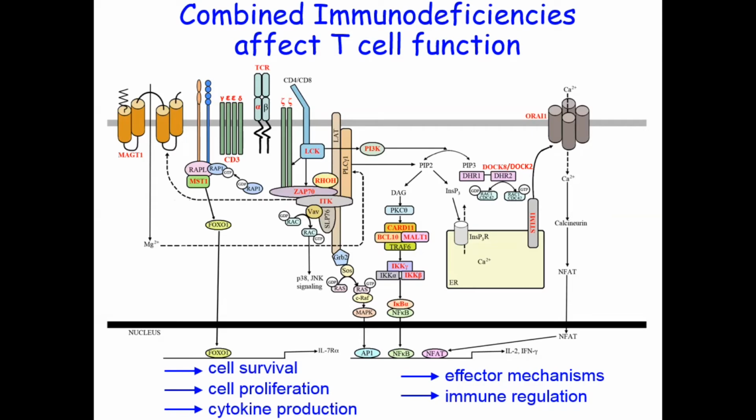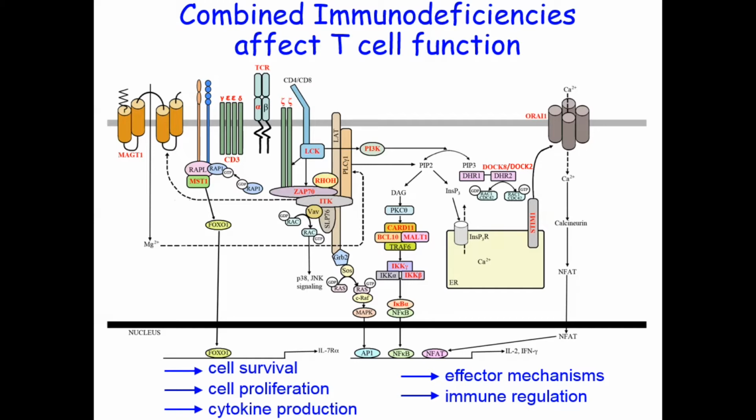This is a complicated cartoon, but the point I want to make is that I highlight in red a variety of genetic defects that result in combined immunodeficiencies. And all of these defects, in one way or another, interfere with the function, with the signaling within the T cells. So whereas SCID results from failure of development of the T cells, the combined immunodeficiencies are caused by defects in function of the T cells.